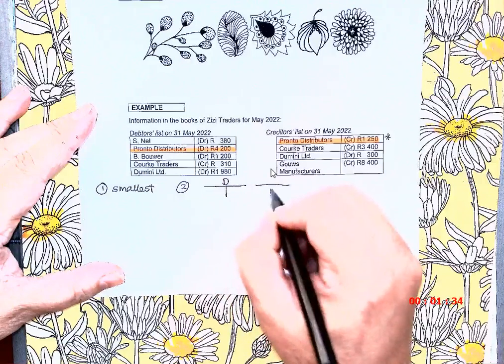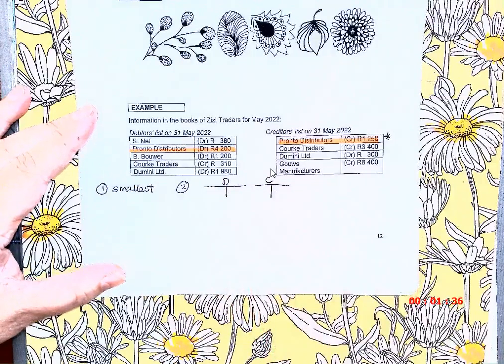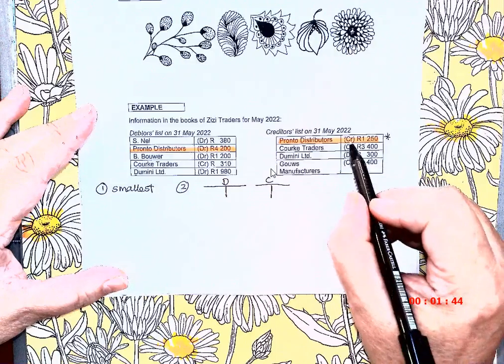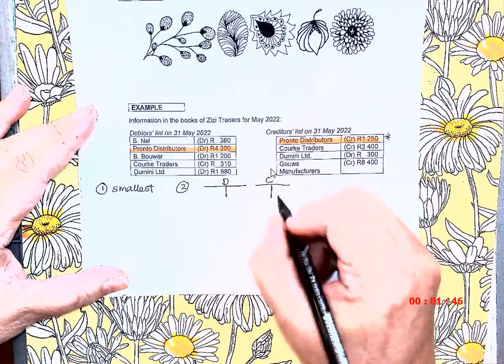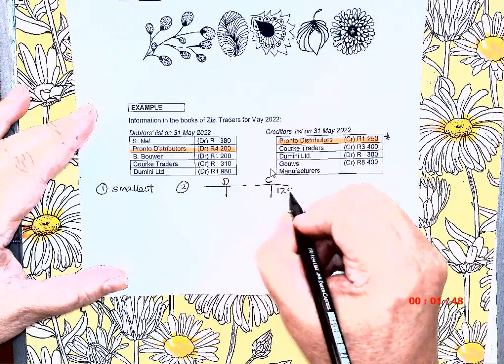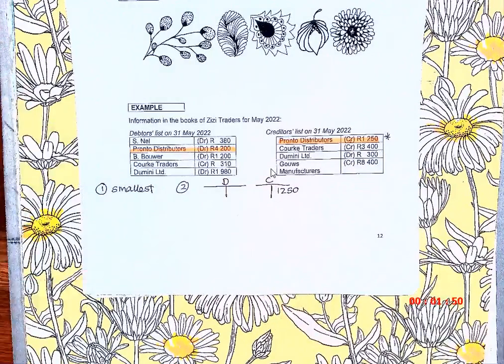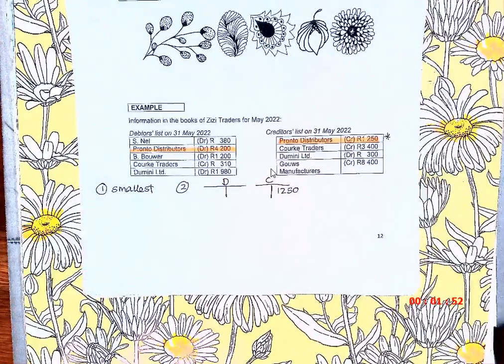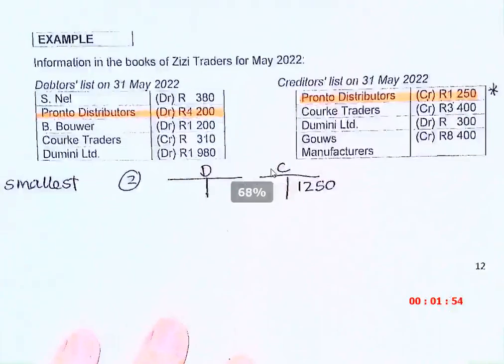Debtor, creditor. Okay. Now I'm going to look at the smallest side and I'm going to say, what side is his balance? It's on the credit side, 1,250. Everybody's happy with that. Now I want to transfer that.